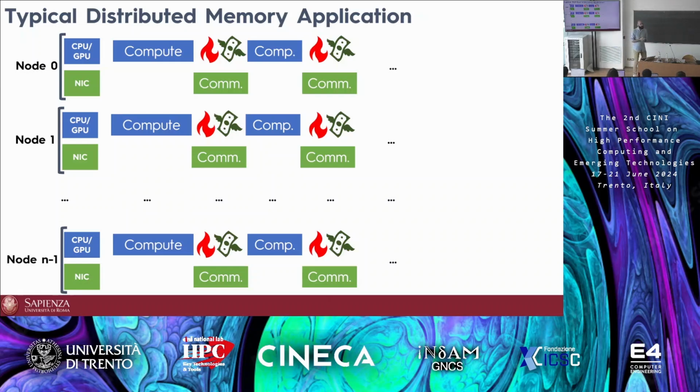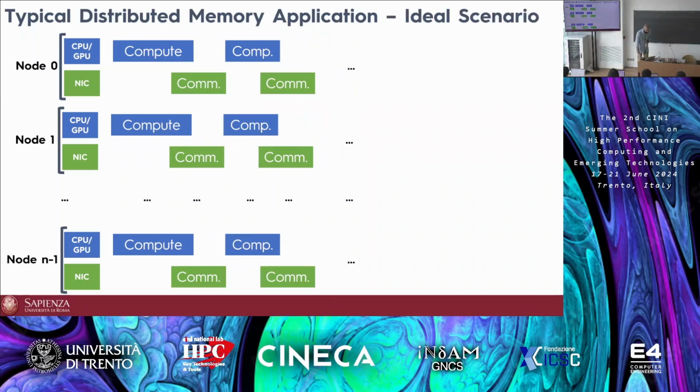There are a couple of traditional ways in which you can do that. The first one is to try to have some overlap between computation and communication. Instead of waiting till the last moment to send the data, you try to anticipate that a little bit before. This truly depends on the application. You cannot always do that.